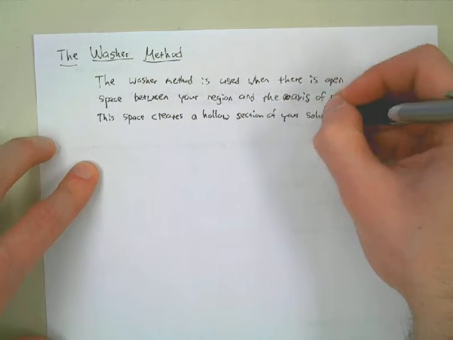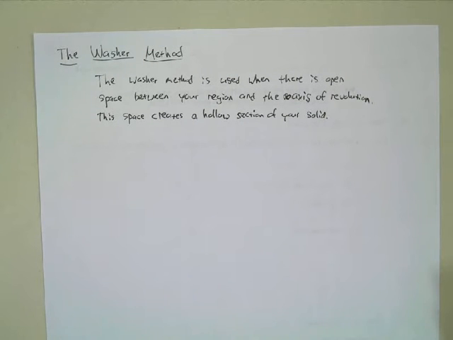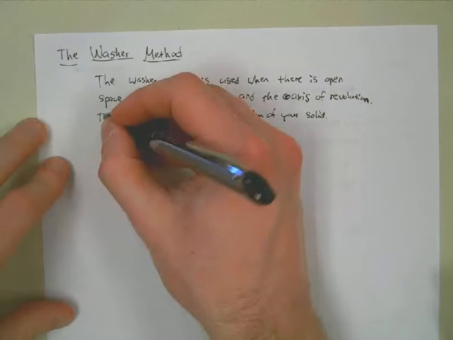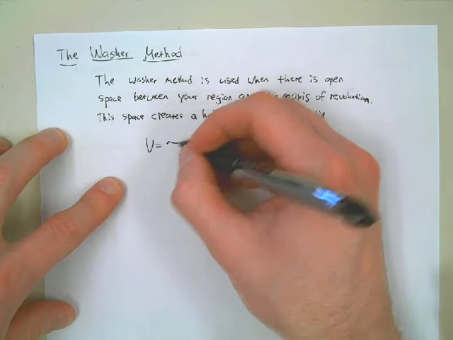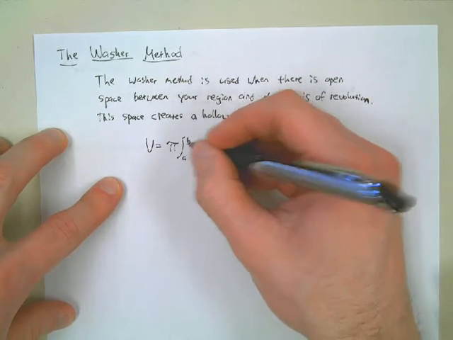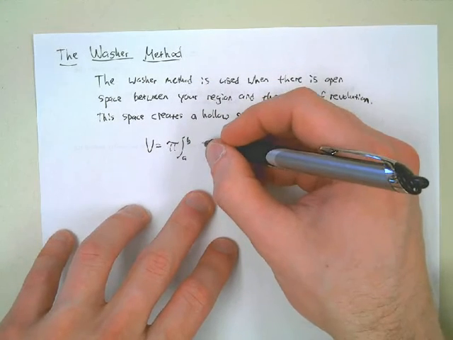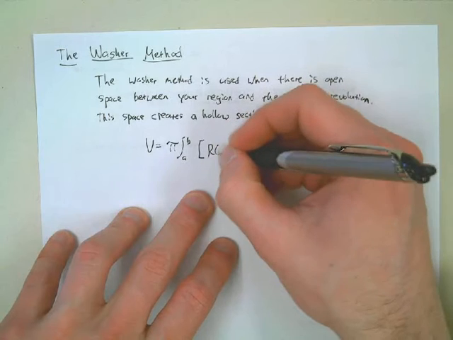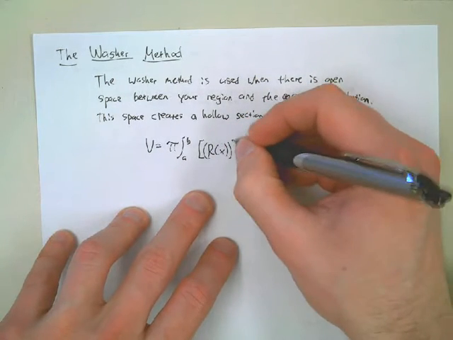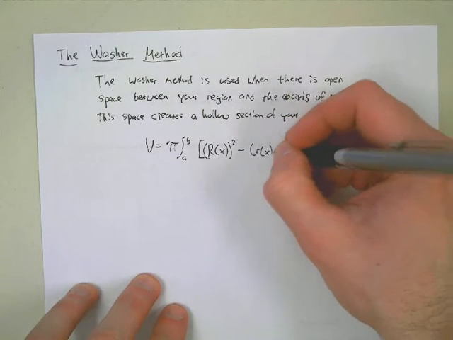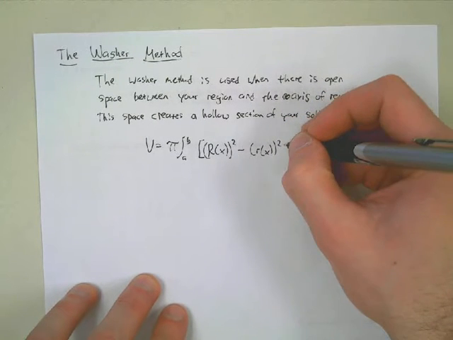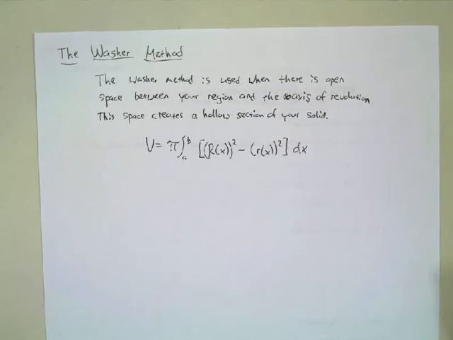Okay, and I kind of gave it away yesterday when we went over the homework, but the volume formula is basically still pi times the integral from a to b of, and here's what we do, we take the big radius and square it minus the little radius squared. Okay, it's big radius squared minus little radius squared.